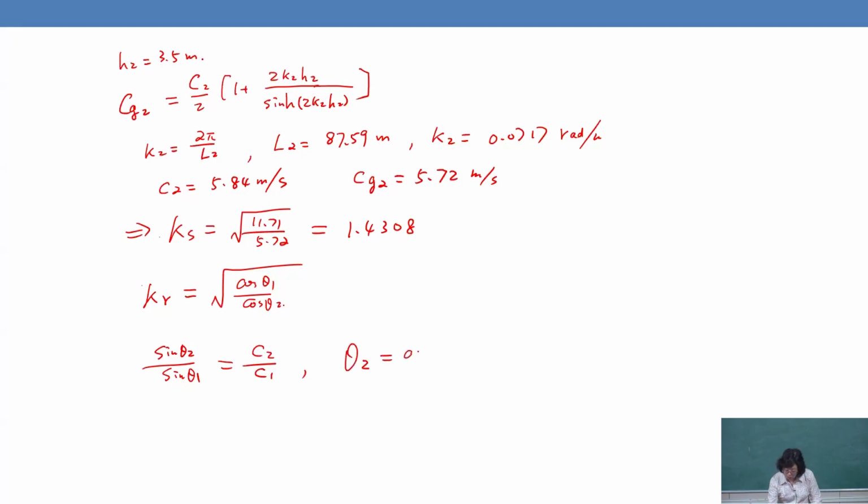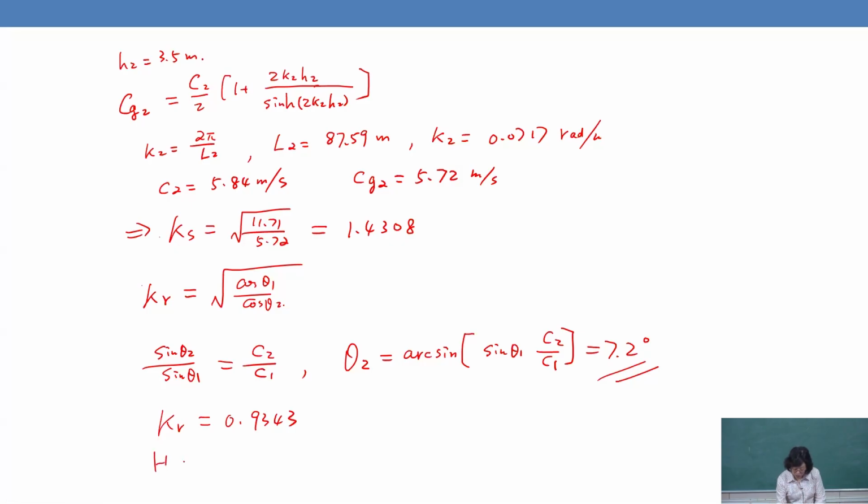So theta 2 will be arc sine of sine theta 1 times C2 over C1. So we will have that is 7.2 degree. So Kr will be equal to 0.9343.